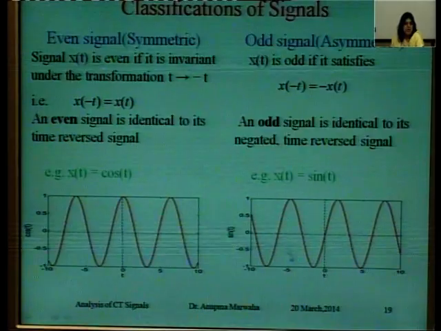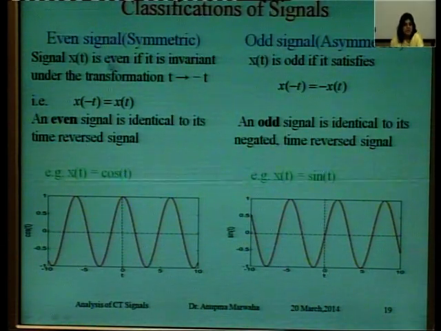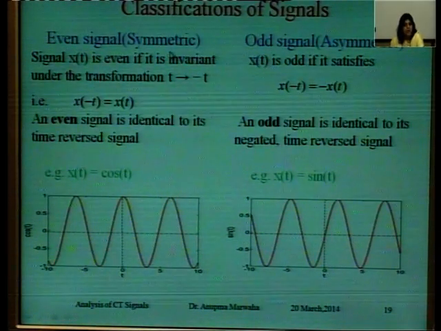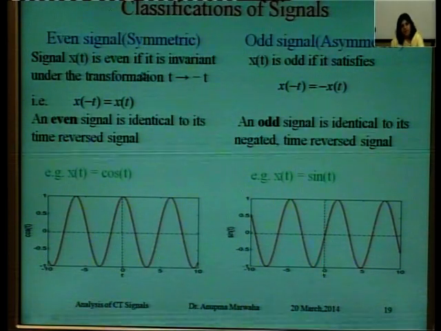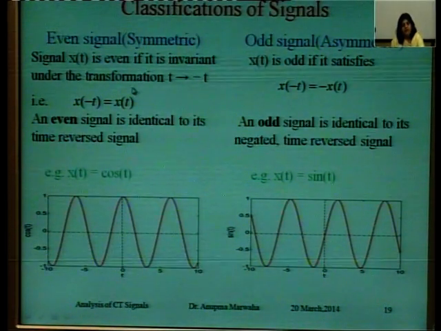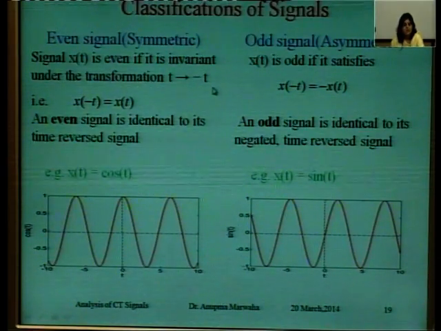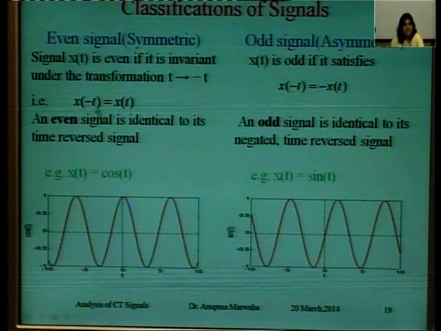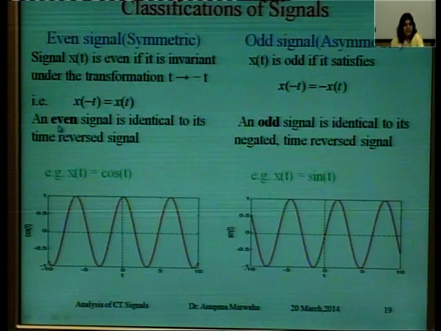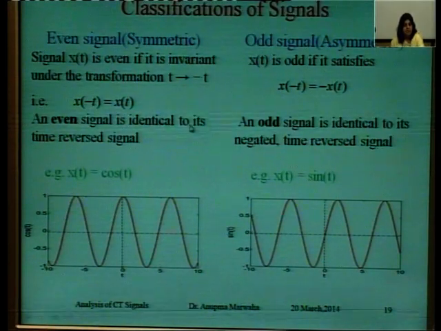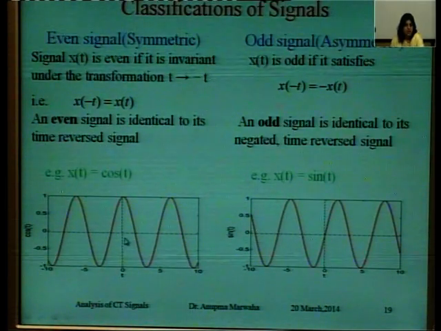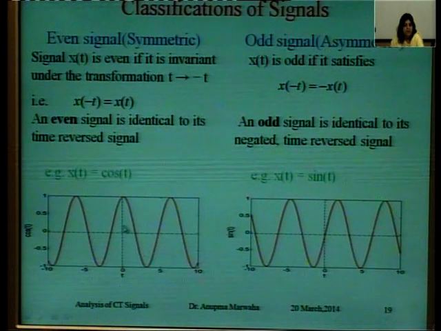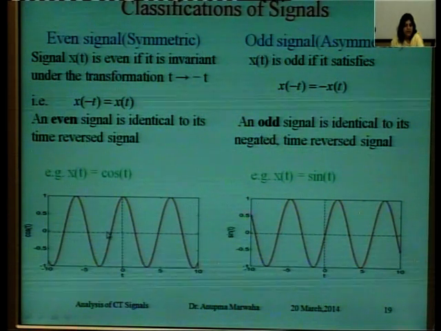The next classification is even signal and odd signal. An even signal is also called a symmetric signal. A signal x(t) is said to be even if it is invariant under the transformation t to minus t, that is x(-t) is the same as x(t). It is equal to its time reversed value. For example, we have the cos signal. For the positive and negative time domains, the value of the signal remains unchanged.